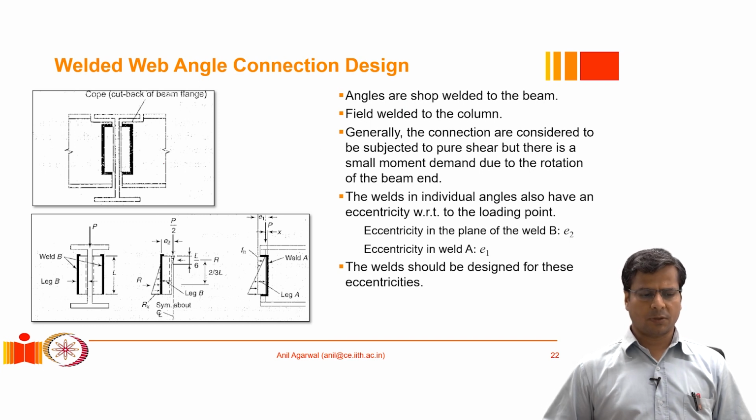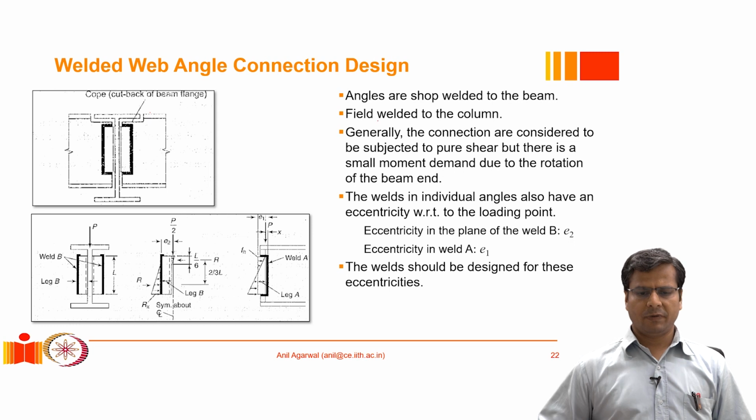There is a possibility that we can provide a double angle connection wherein the angles are welded to the supporting element, which is the girder here, and also welded to the supported element, which is the beam here. So this is a beam to girder connection, and as we had discussed, there will be a coping requirement in a beam to girder connection because we want to have a flat surface at the top.